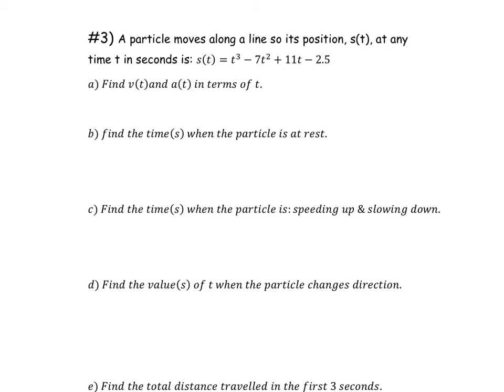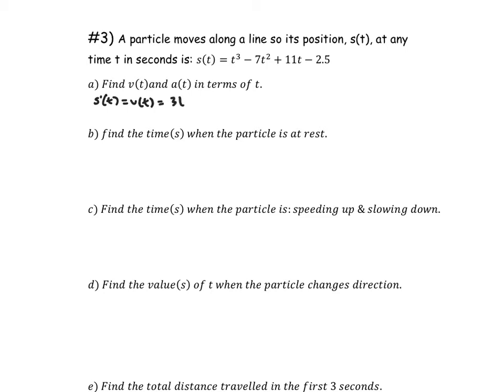Okay, one more example, and then you'll be able to go on to your homework and get some work done with that. It says a particle moves along a line, so its position s of t at any time t in seconds is given. It says find v of t and a of t in terms of t. That's simply going to be finding those derivatives and not utilizing them yet, but just writing them out.